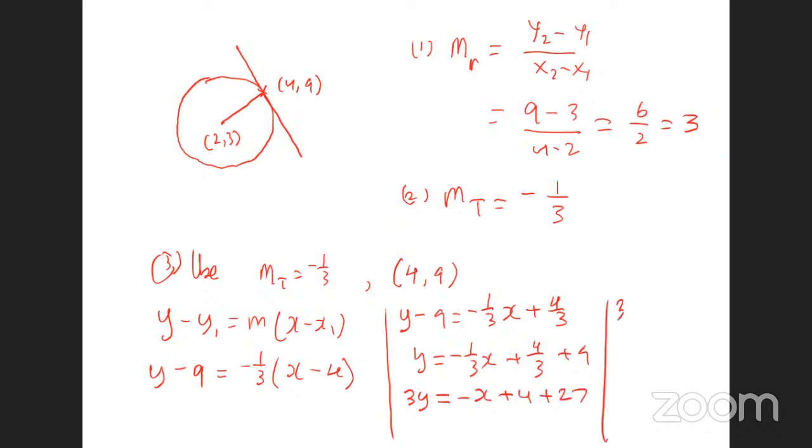So your final answer is 3y equals minus x plus 31, if you want to make it look nicer. Otherwise some people may have y is minus 1/3 x plus 31 over 3. Either could work.